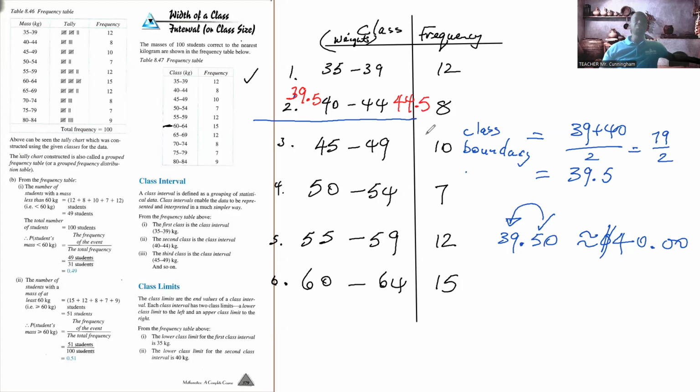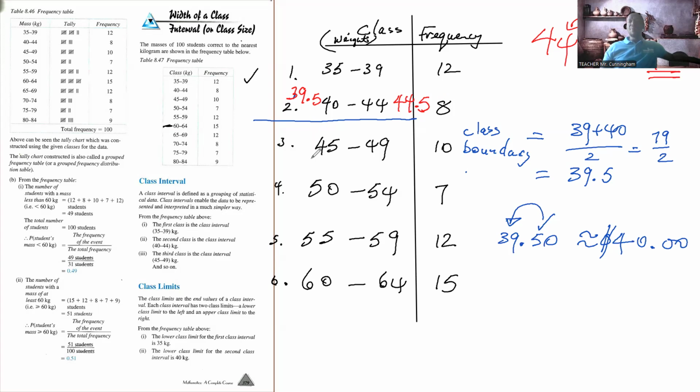But there's a little trick about the 44.5, because 44.5 is really 45. However, in statistics, we do not include the upper boundary. We'll talk a little more about that on Wednesday. It's your holiday, so I don't want to keep you.